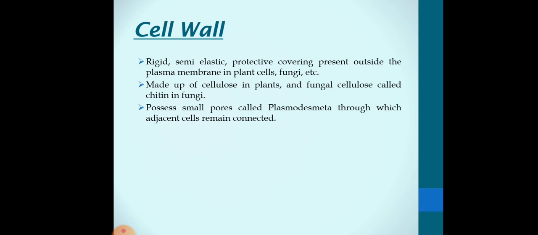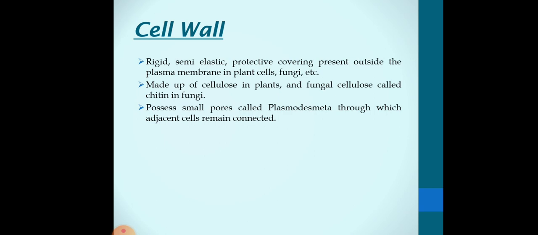Fine. Next, the next structure of cell is the cell wall. So what is cell wall? Cell wall is a rigid, meaning quite strong, semi-elastic, protective covering present outside the plasma membrane in plant cells and fungi.